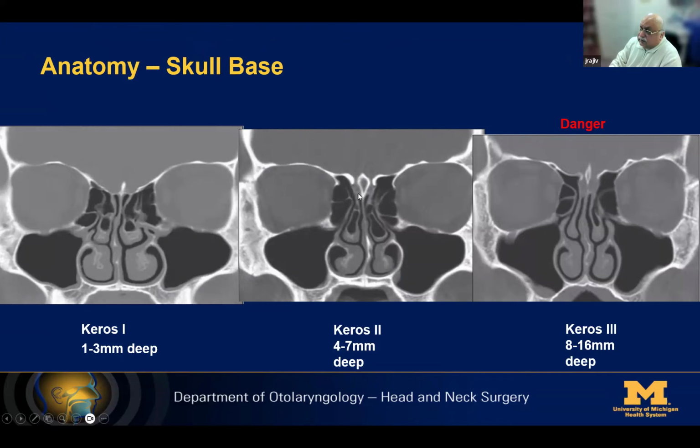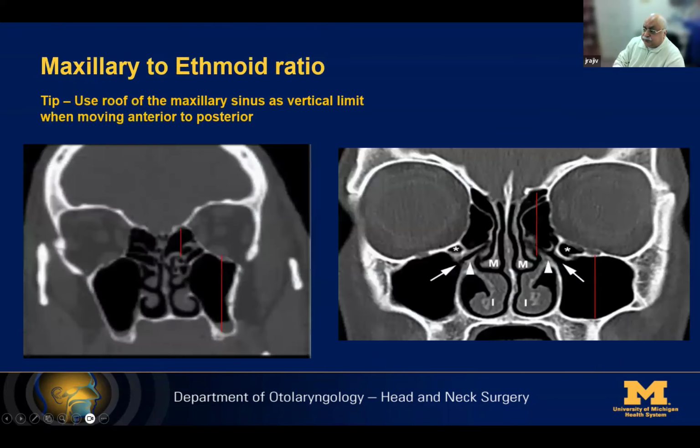A measurement of 1 to 3 millimeters is safer, because there's no chance of injuring the anterior cranial fossa floor. But here you can see that there's every chance that you may tug on this turbinate or on any of the air cells behind it, causing damage to the anterior cranial fossa floor.